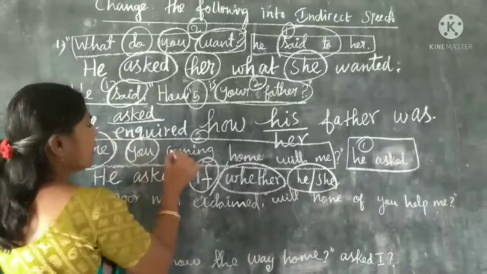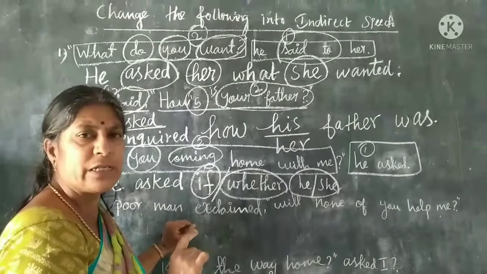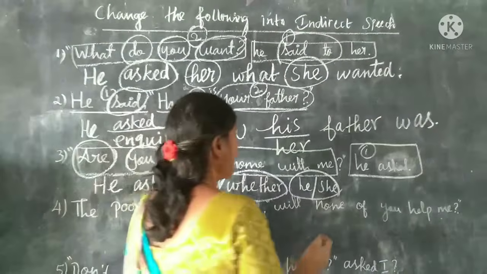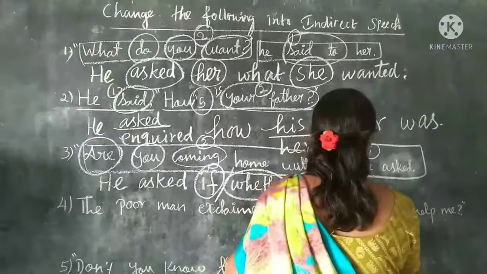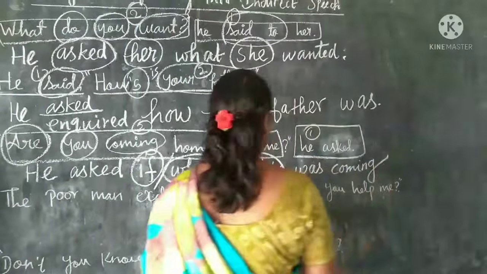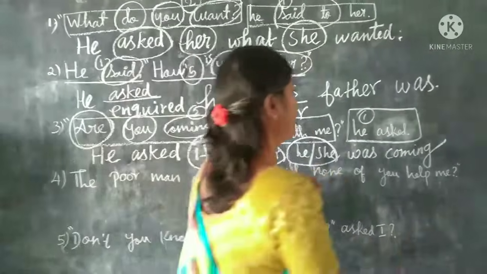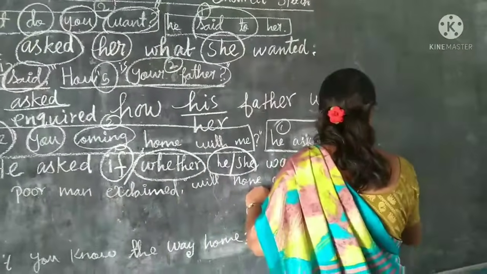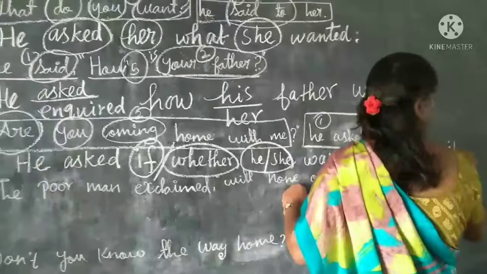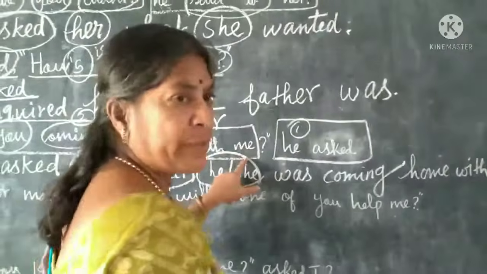Next, are coming is a present continuous. Present continuous will be changed into past continuous. What is the past continuous? Was coming. Whether he was coming home with me.